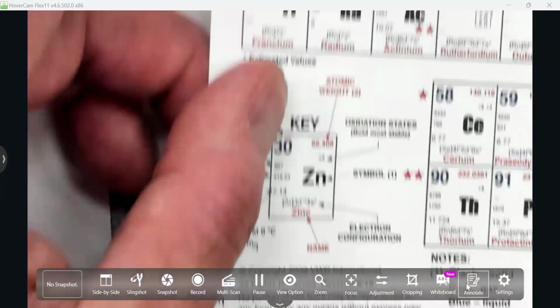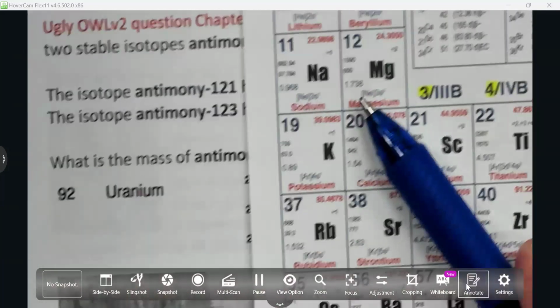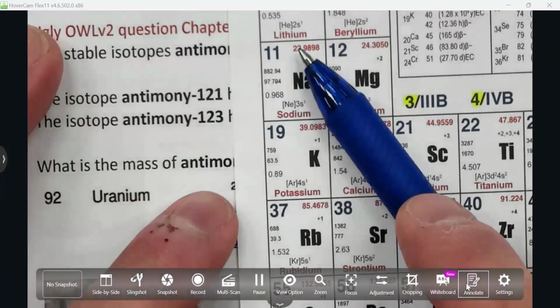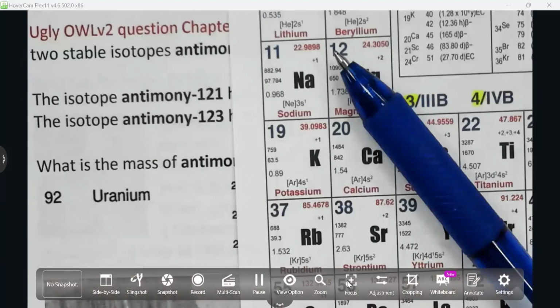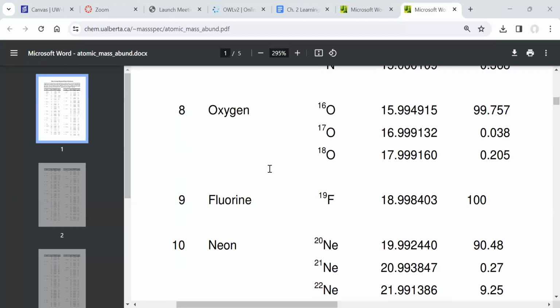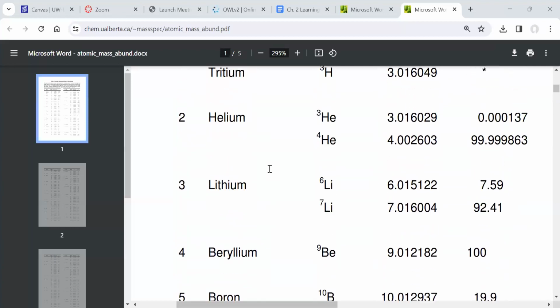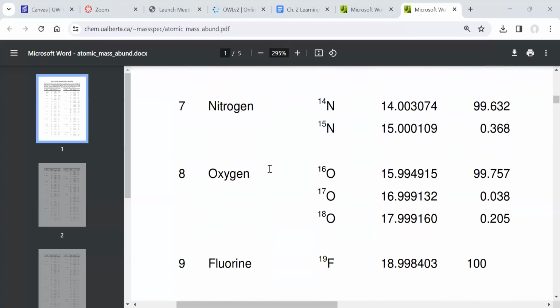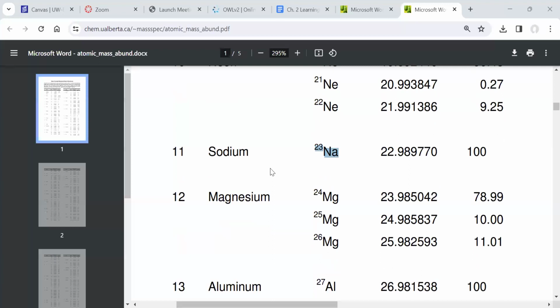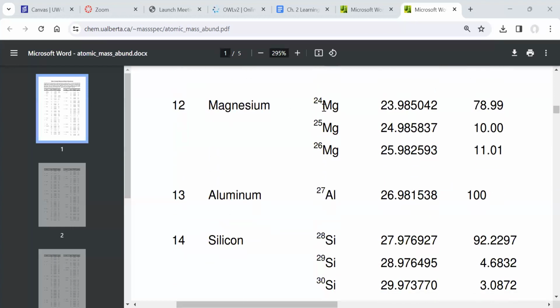Now, for sodium, notice not a problem. Sodium is 22.9898. So if I go back to my chart, sodium, right here, 22.9898, no problem.